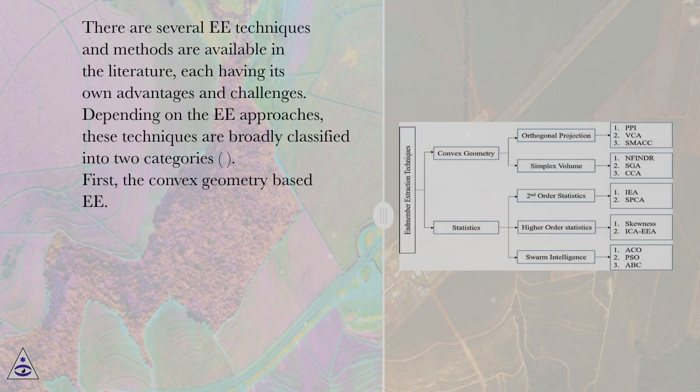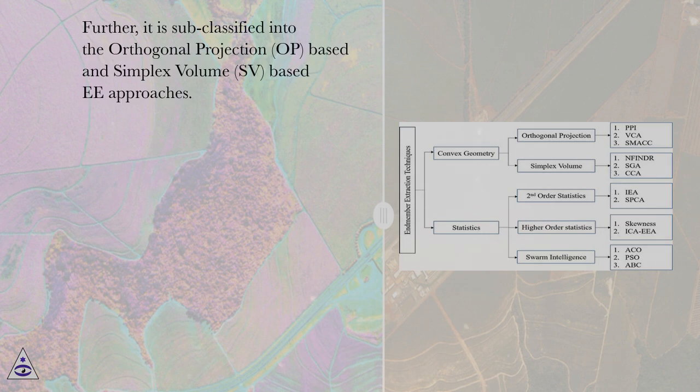There are several EE techniques and methods available in the literature, each having its own advantages and challenges. Depending on the EE approaches, these techniques are broadly classified into two categories. First, the convex geometry-based EE. Further, it is subclassified into the orthogonal projection, OP, based and simplex volume, SV, based EE approaches.